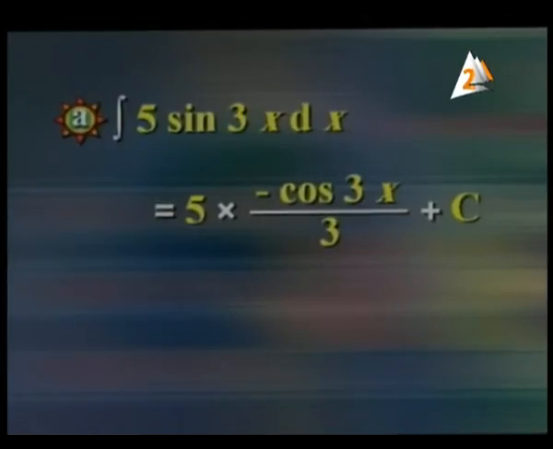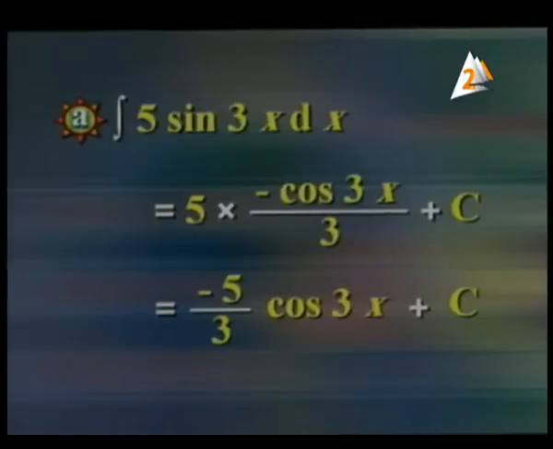We find integration of sine 3x is negative cosine 3x over the coefficient of x, which is 3. Then integration of 5 sine 3x dx equals 5 multiplied by negative cosine 3x over 3 plus c. Therefore, the answer is negative 5 over 3 cosine 3x plus c.